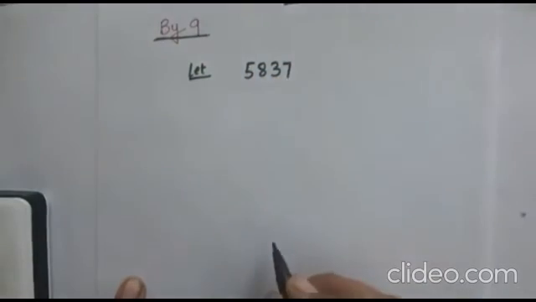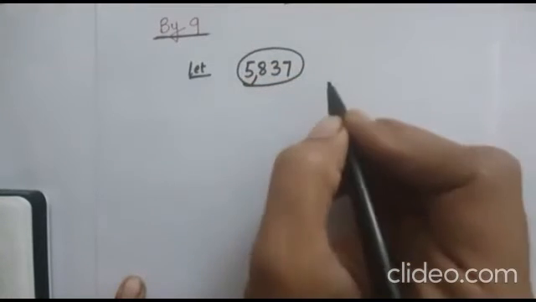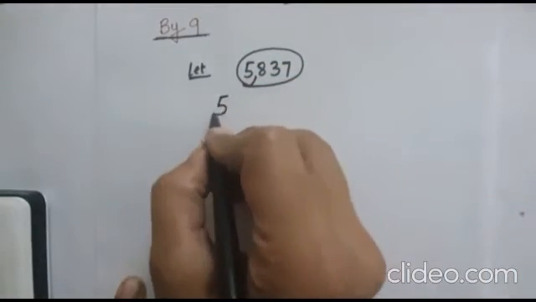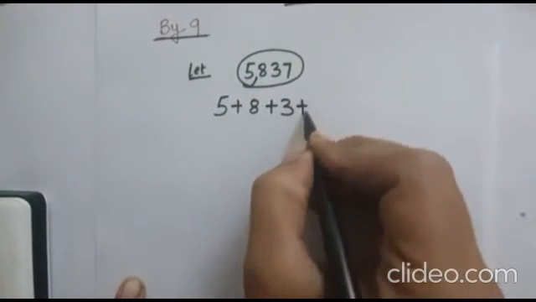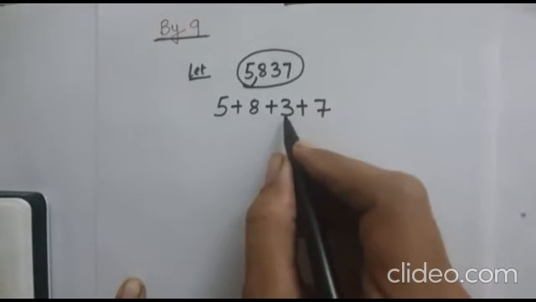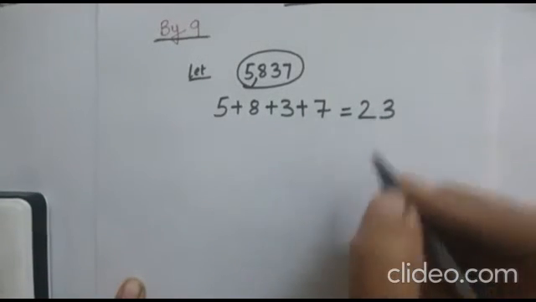5837. We have to tell whether this number is divisible by 9 or not. First of all, we will add all the digits. Now this is 13, 16 plus 7, that is 23.